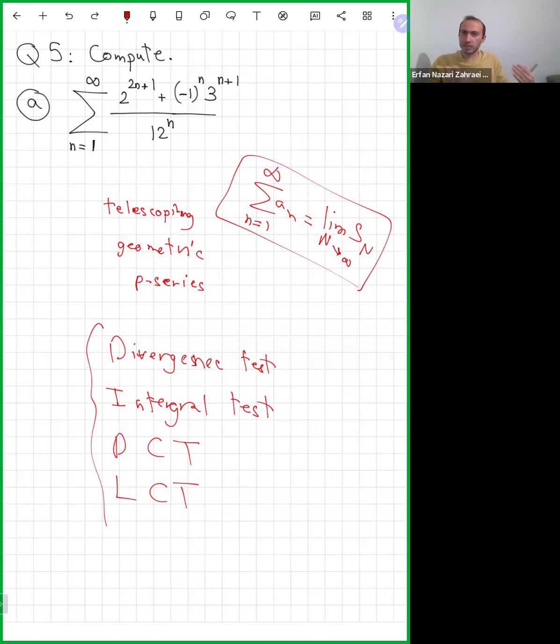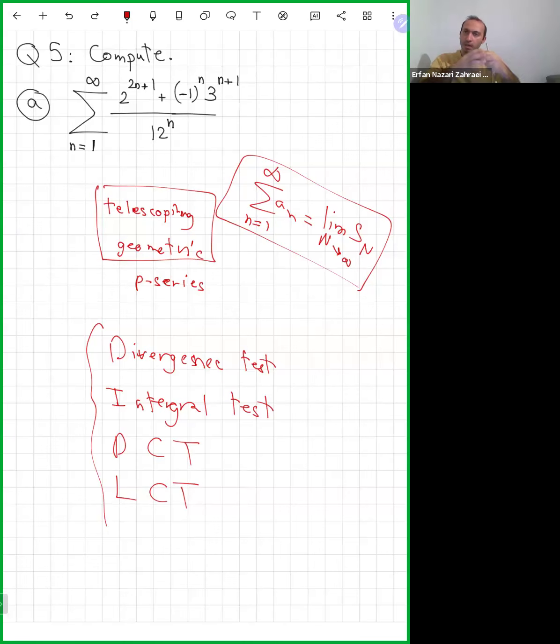We only use tests to say this is convergent, this is divergent, but never compute the exact value. Except for two cases, there are only two simple series whose exact sum can actually be computed in this course: geometric series, for which we have a formula, and telescoping series, which is the difference of two similar terms with one index different.